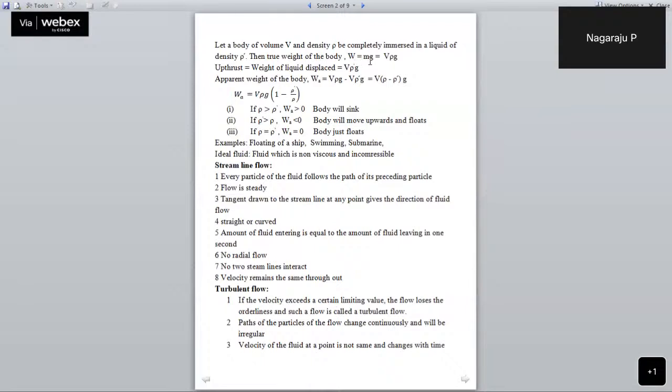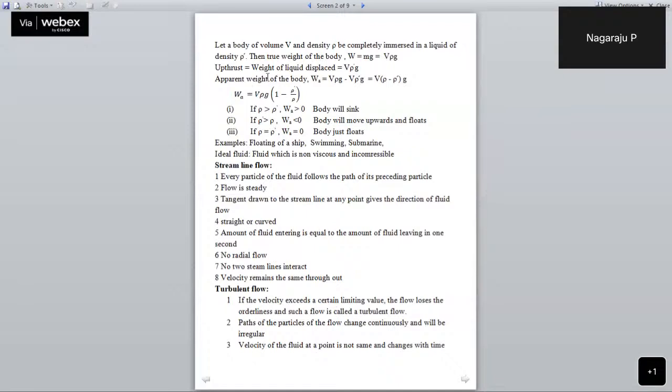Density is mass by volume, and therefore mass can be written as V into rho, that is volume into density. For weight, it is to be multiplied by g, the acceleration due to gravity, and therefore we write it as V rho g.